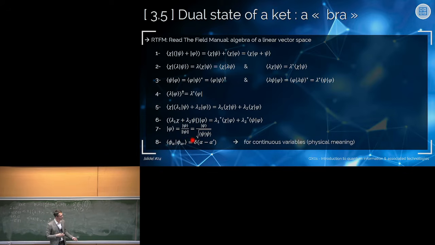And what you would have here is that you would have a Dirac function depending on the continuous variables of the two bra in ket state. So this we will not go into, but this has a physical meaning. This is what's used in quantum mechanics to explain the position operator and the momentum operator. We need to have continuous variables.